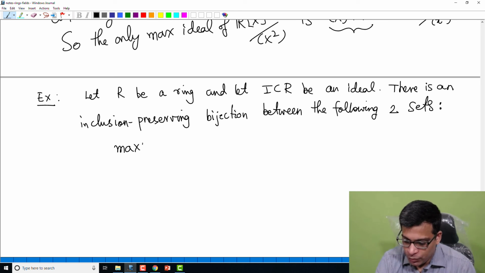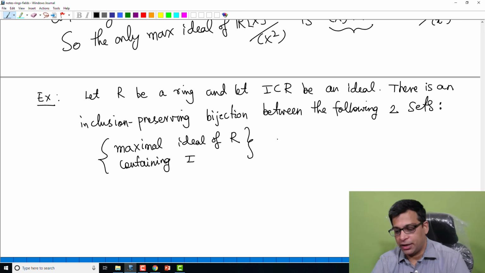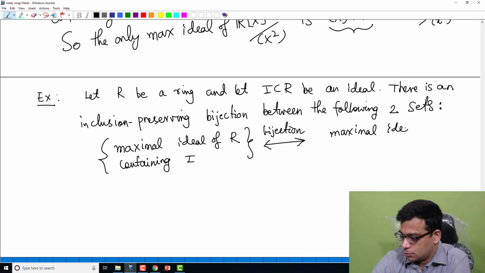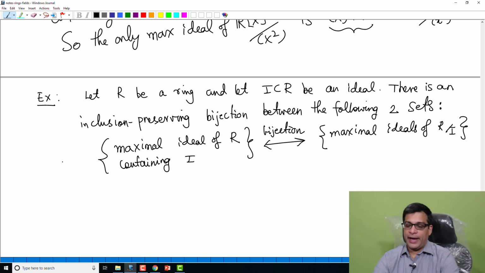What are they? Maximal ideals of R containing I. So these are maximal ideals of R that contain I. And on the other side we have maximal ideals of R mod I. Okay, so if you remove the word maximal in both these sets, this is exactly the correspondence theorem.